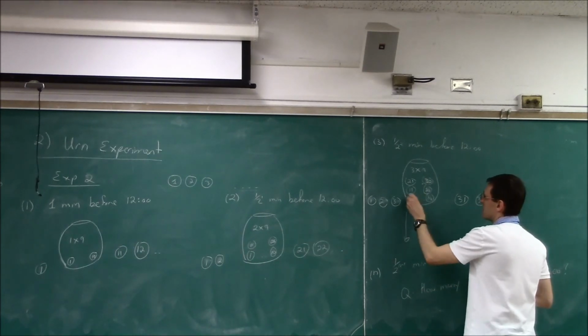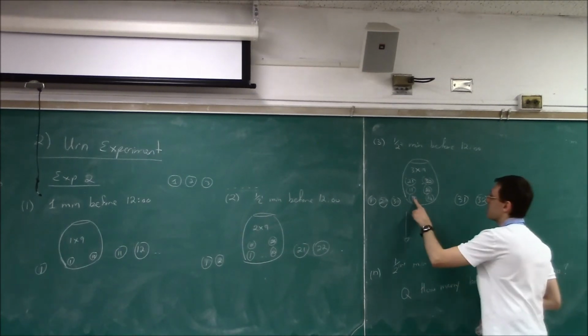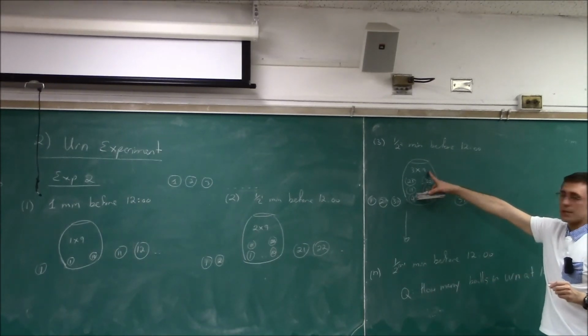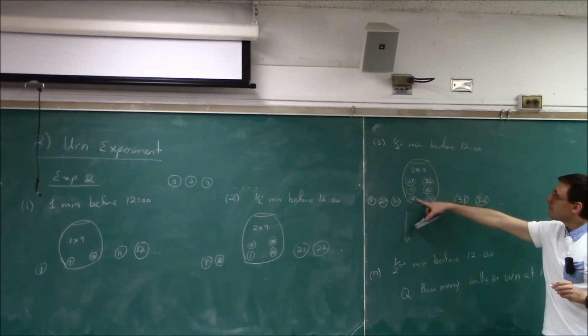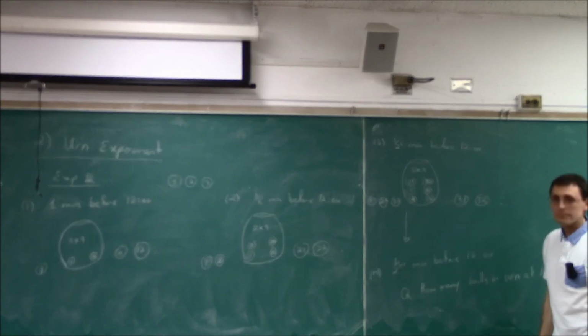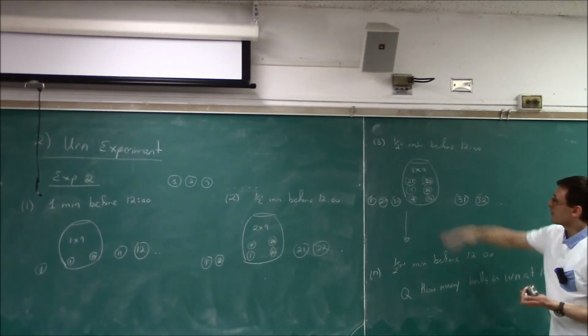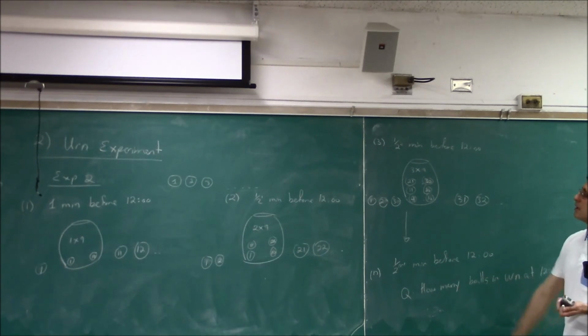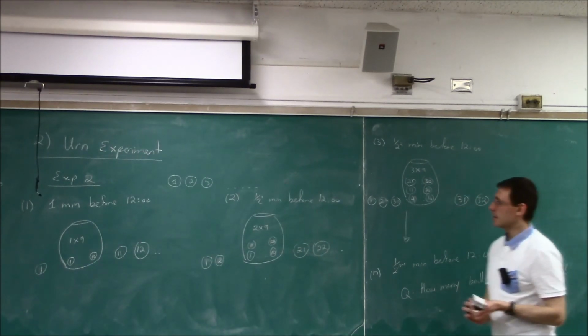So this starts with 3, so with 4. How many after procedure number 3? 27. Right? 3 times 9. So we have 9 plus 9 plus 9. Okay, 27.